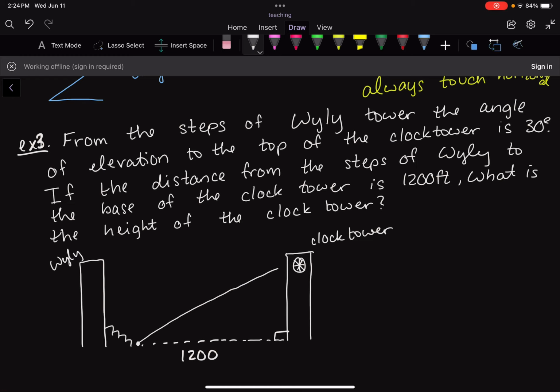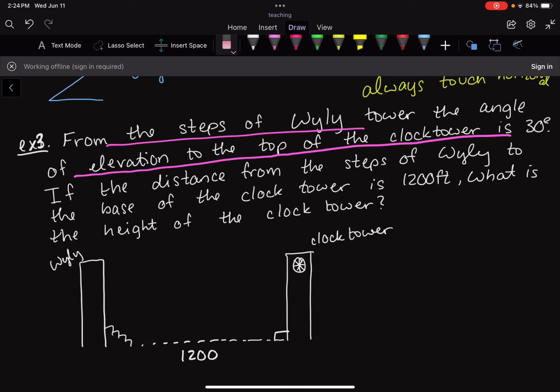And so let's see. The angle of elevation to the top of the clock tower from the steps. So we've got to think we're looking from the steps. So imagine we're looking straight and then we go to look upwards at the clock tower. That is an angle of elevation.